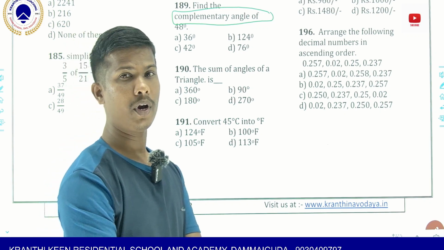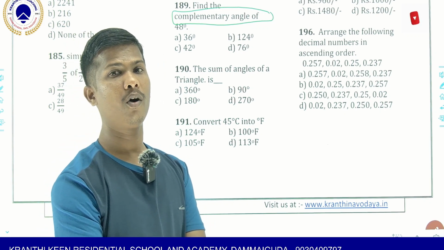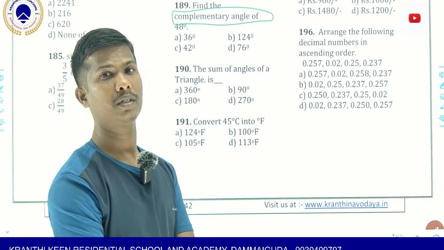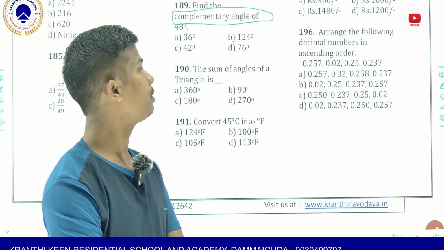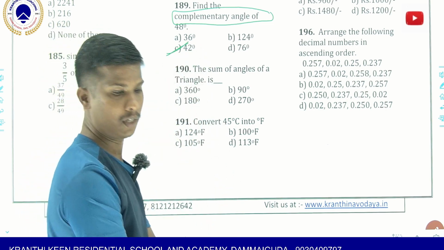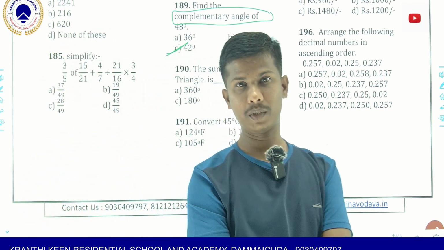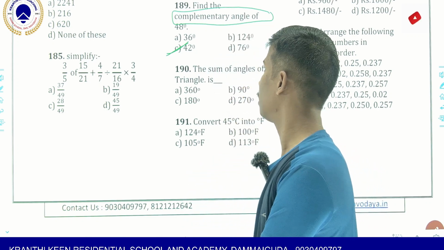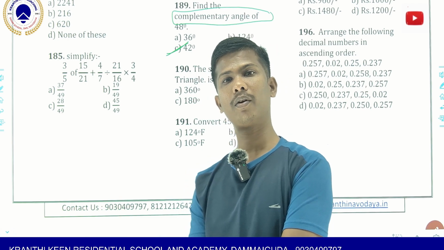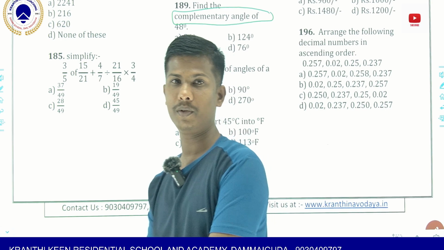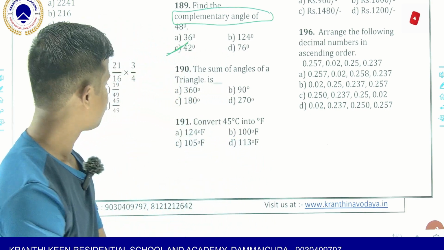Here 48 is given, and by adding how much will you get 90? 90 minus 48 is 42, no? This is the 42. For most questions, wherever possible, you need not use the pen. You need not always write 90 minus 48. When you are confident, put it directly, because it wastes some of your time.